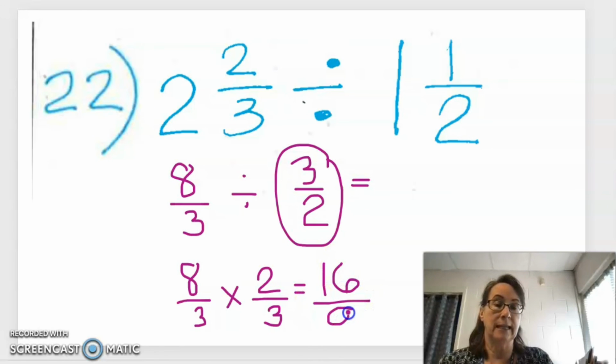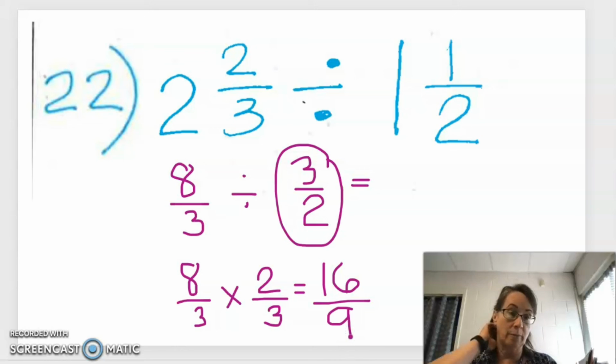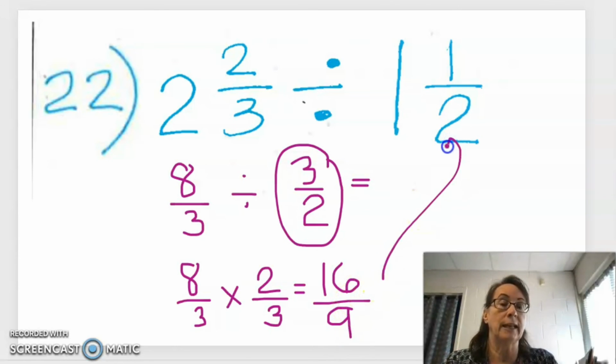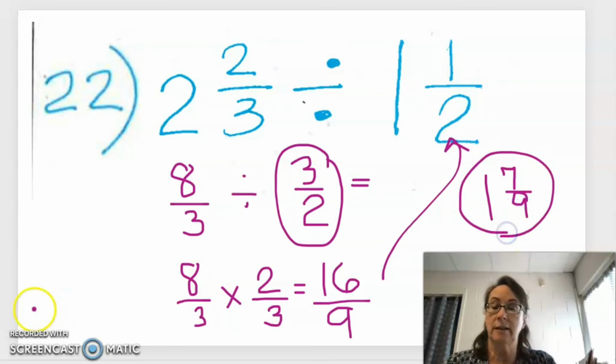Now 16 and 9 have no common factors. So we're going to, again, turn it into a mixed number because we started with mixed numbers. So 16 divided by 9 is 1 with 7 left over. So 1 7/9 is the final answer.